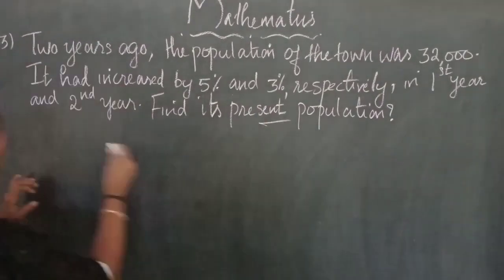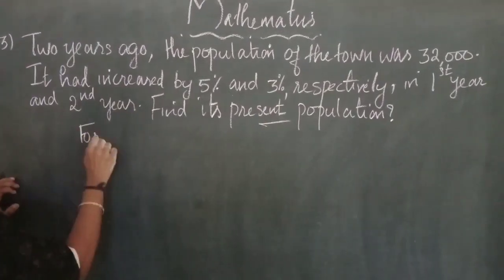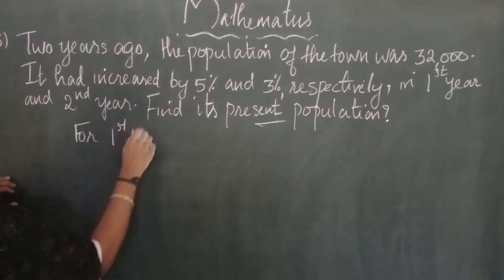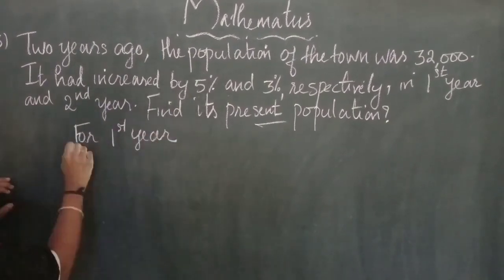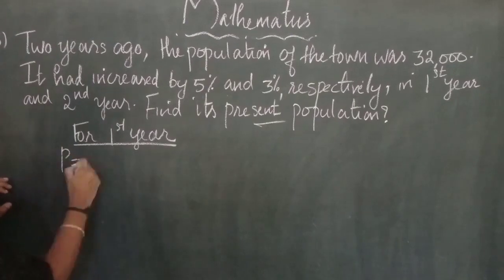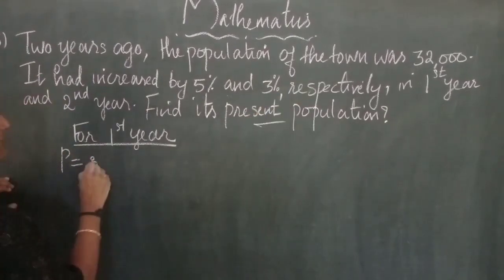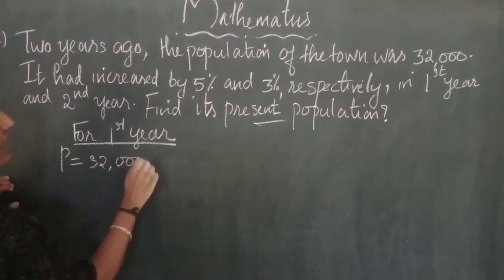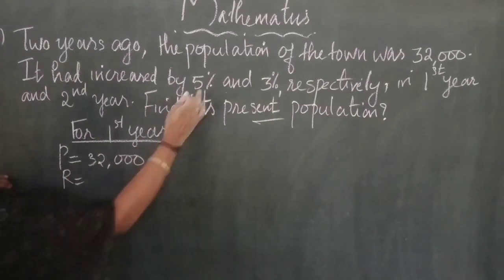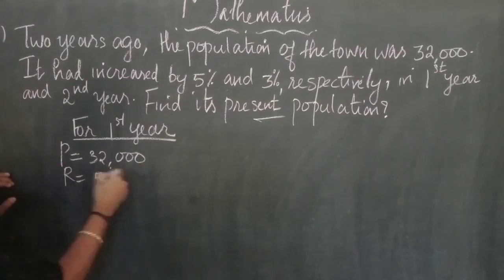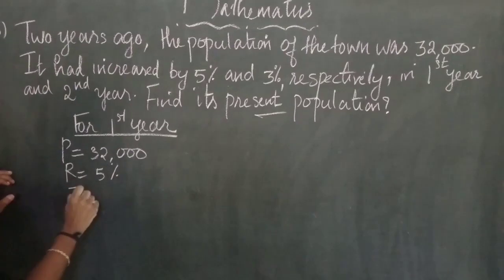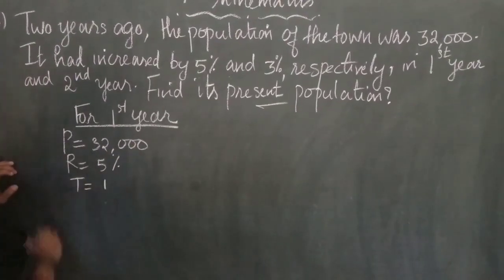Okay. So for first year, P is equal to 32,000, R is equal to 5% and the time T is equal to 1 year.